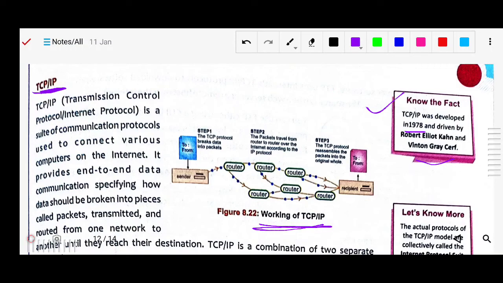TCP is a suite of communication protocols used to connect various computers on the internet. It provides end-to-end data communication, specifying how data should be broken into pieces called packets.